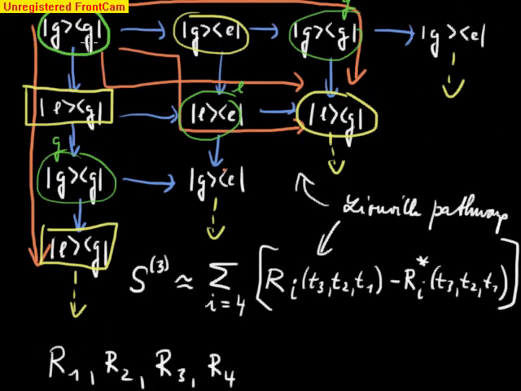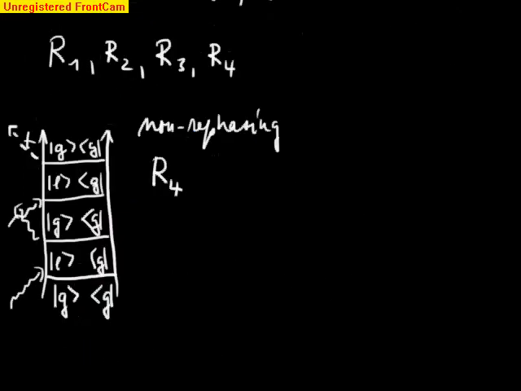So let us take, let's say, this one that has two interactions on the right and then one on the left. Two interactions on the right and one on the left. That will be very easy to achieve.